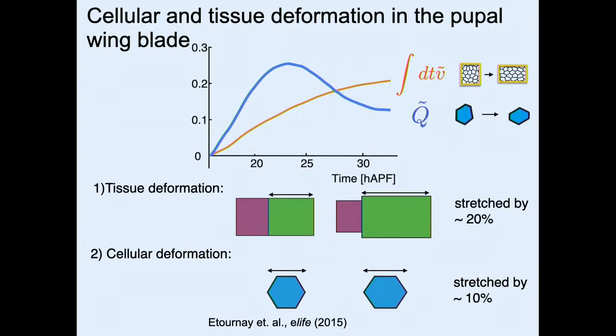If you had a simple rubber band, made up of individual blocks, and you have some extension, you can expect that these individual blocks also have the same relative extension. But here it is not. We see a difference. Not only that, the cell elongation with time shows a non-monotonic behavior. It first overshoots and then comes back, reaching some steady state value. So the question is, where is this difference coming from?